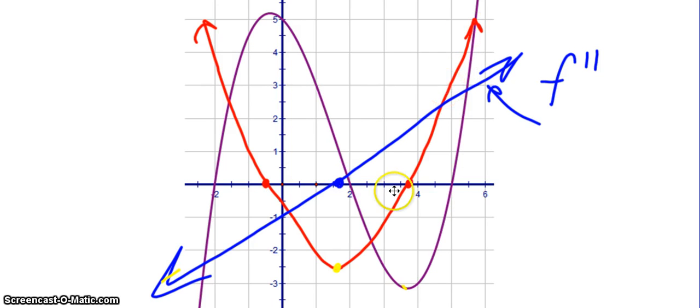So now I need to do the second derivative. So I notice, okay, there is a minimum on the first derivative here, so that's going to be a 0 on the second derivative. Because remember, now I want to actually just think about this, the first derivative here is actually now my function, and so the blue graph is the derivative of that.